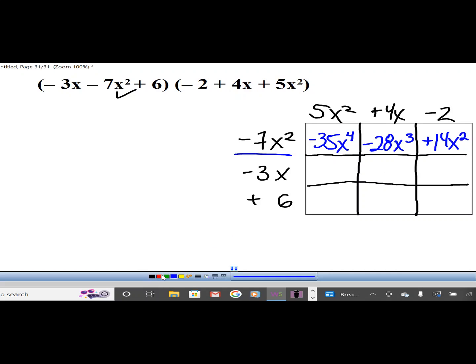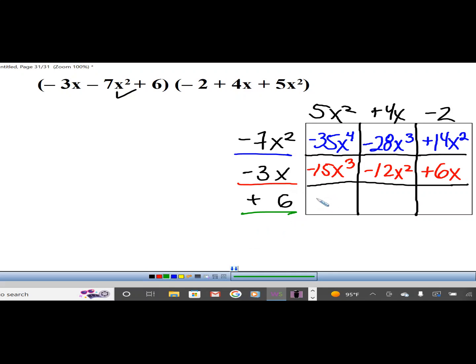Continue the next layer. I'm going to do in red. Help me with that, Lysandra. Negative 15x cubed. Negative 12x squared. Positive 6x. Yes, so far so good. All right. The bottom one in green, help me with that, Julian.